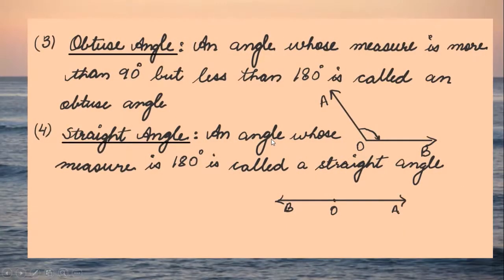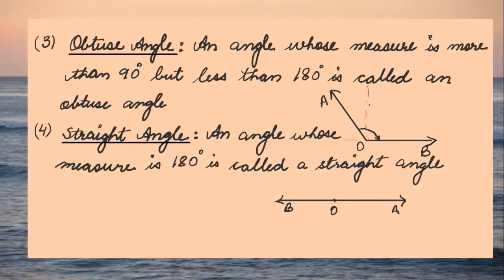Now after this come to obtuse angle. An angle whose measure is more than 90 degree but less than 180 degree is called an obtuse angle. Now here you can see, up till here it will be 90 degree. So an angle which is greater than 90 degree, more than 90 degree, but less than 180. 180 will be up till here.